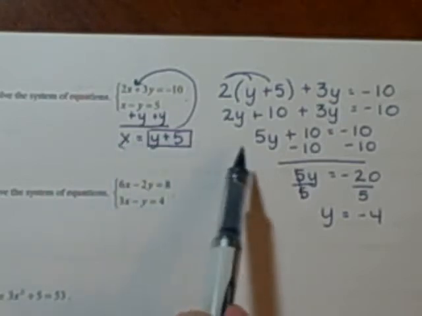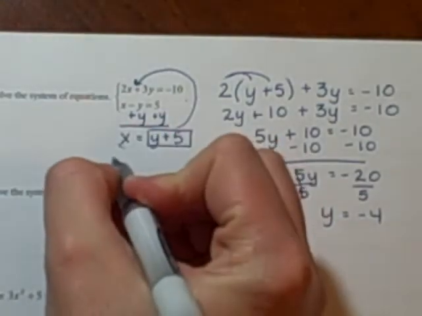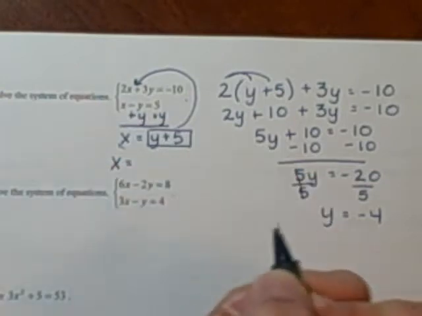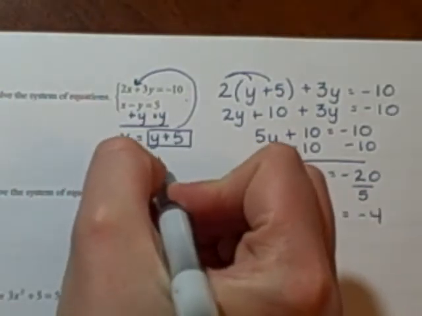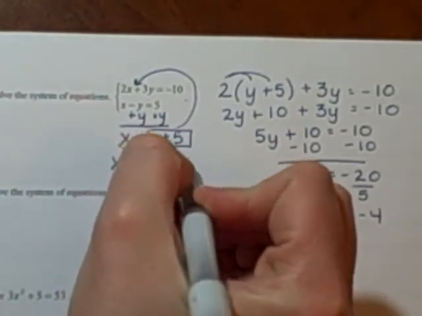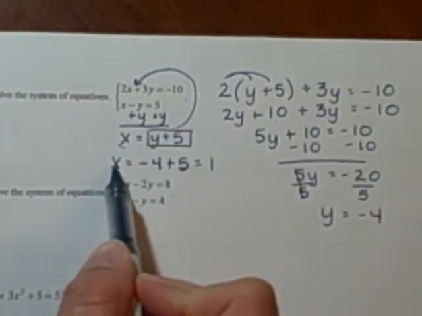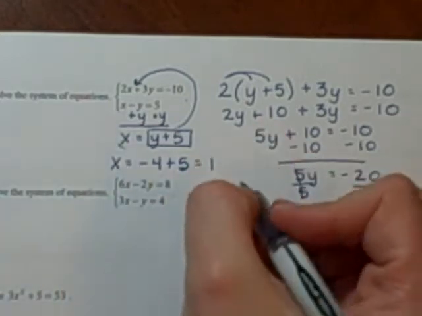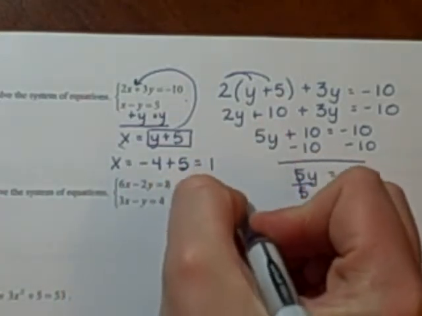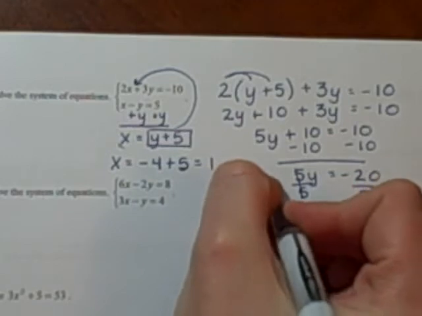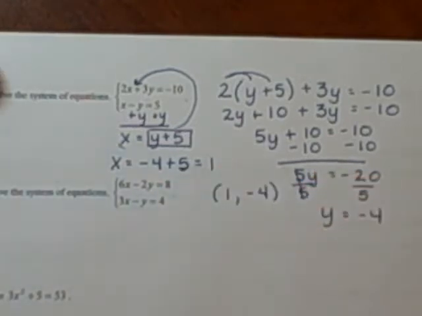So I can just write x equals negative 4 plus 5, and negative 4 plus 5 is equal to positive 1. When I go to write my ordered pair, remember x always comes first. So my coordinate here would be (1, negative 4). And that's my answer for number 11.